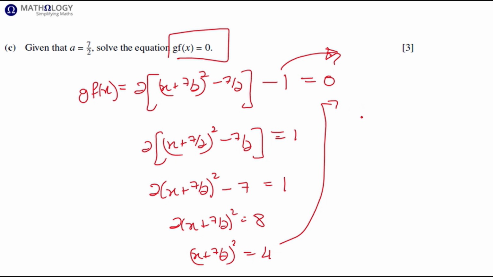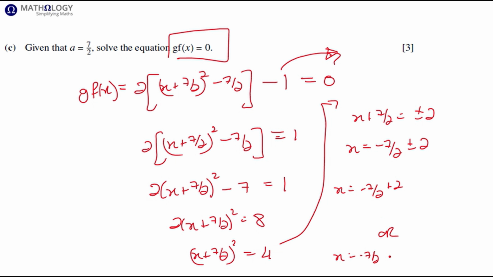Square root both sides now, so x plus 7 over 2 equals plus or minus 2. X equals minus 7 over 2 plus or minus 2. So x is minus 7 over 2 plus 2, or x equals minus 7 over 2 minus 2.